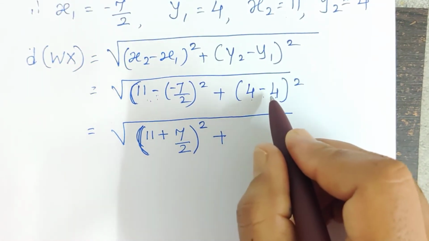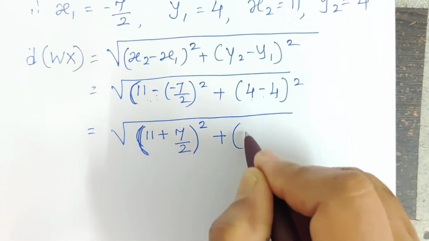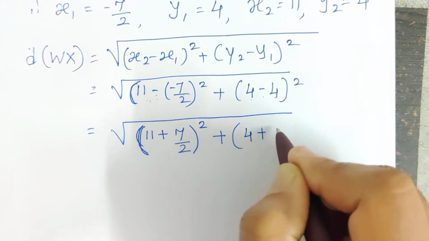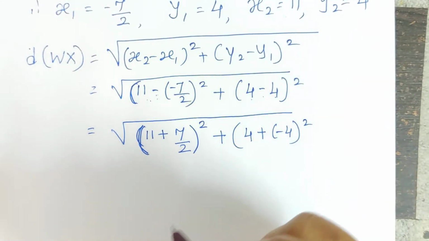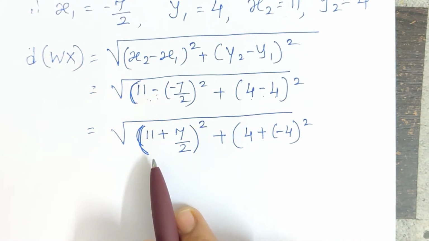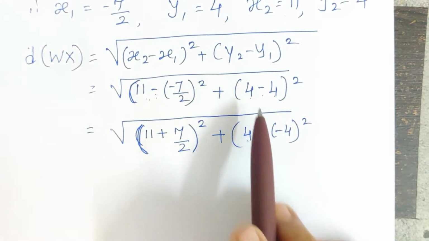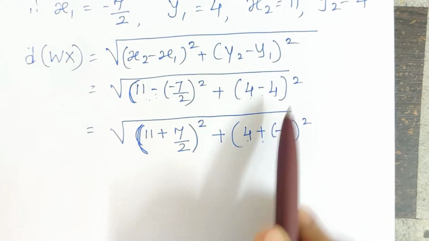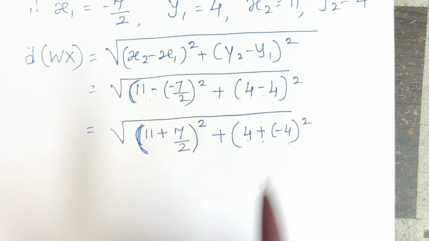Even going by the rule, 4 plus -4 bracket square. Here you can directly do 4 minus 4, which is 0, but we completed the first bracket according to the rule, so in the second bracket also, subtraction in the form of addition, change the sign of the second term, that means -4.